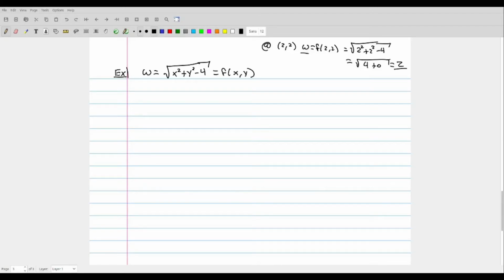And what we always want to do first, whenever we have a multivariable function, is determine the domain and range of that function. So let's do this for the domain first.